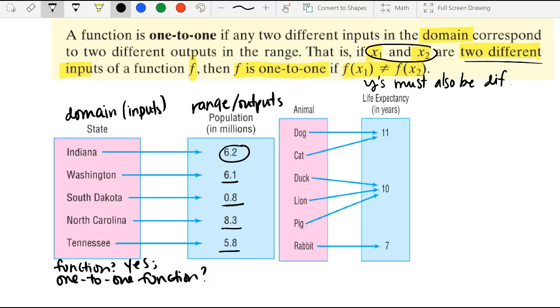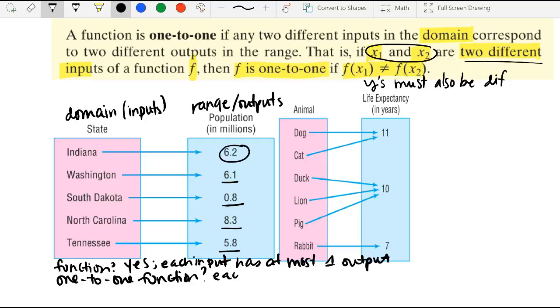Okay, so yes, because each input has exactly, well, you know what? I wouldn't say exactly. I would say at most one output. Now, one-to-one function is when you have a unique output.